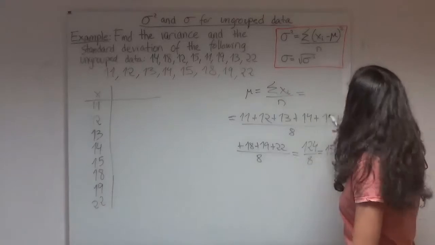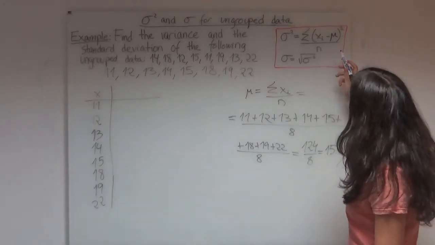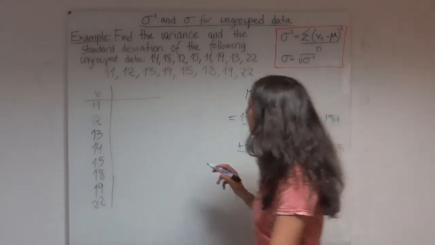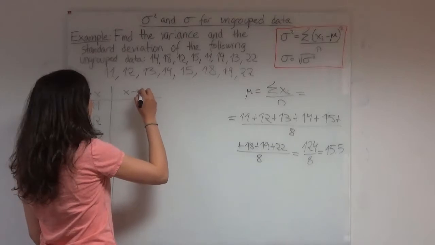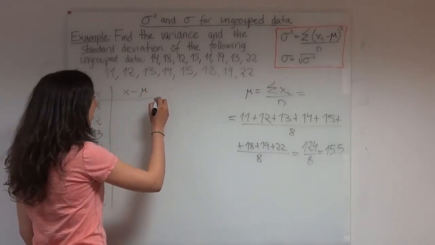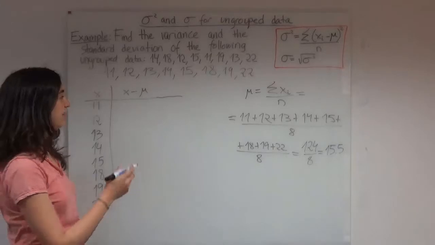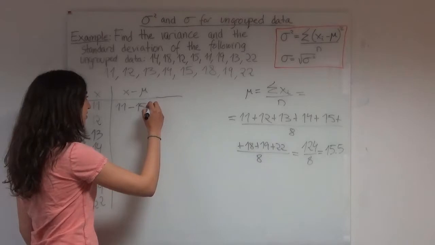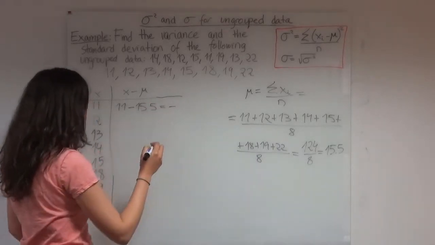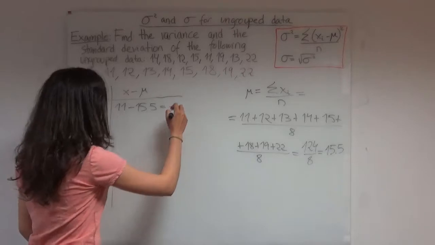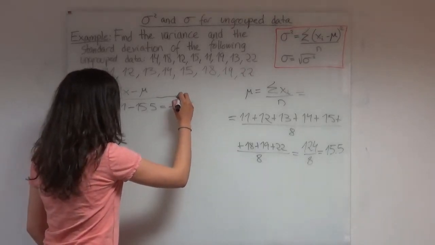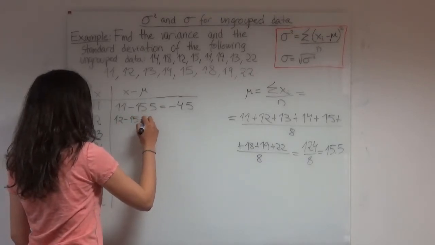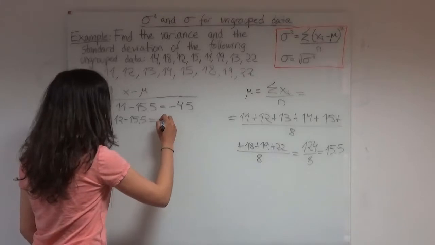So now that we found the value of the mean, we can make another column to find the value of x minus the mean, so x minus nu. And here we're going to have 11 minus 15.5, which is equal to minus 4.5. Here we're going to have 12 minus 15.5, which is equal to minus 3.5.